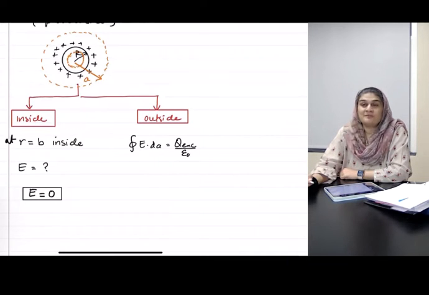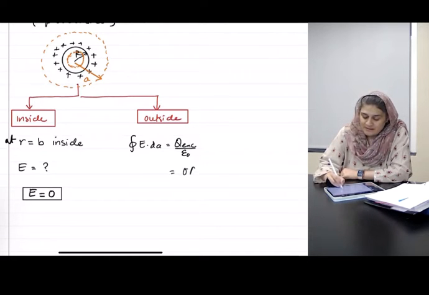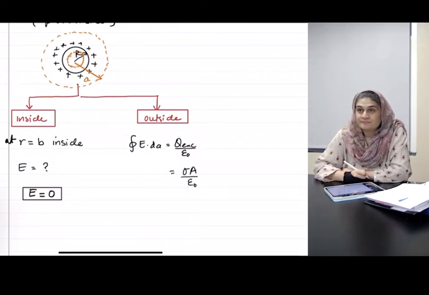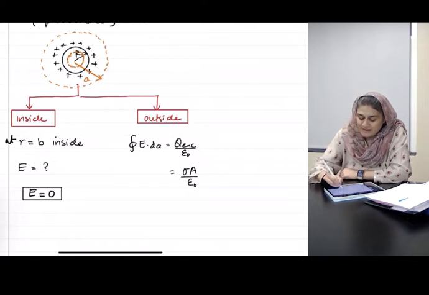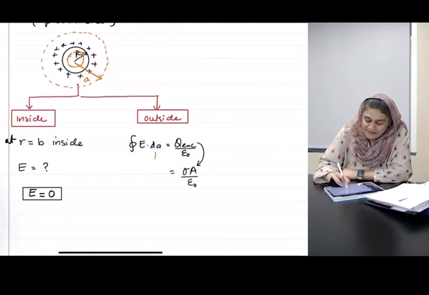So I should be using my spherical charge density. So my Q will become sigma A divided by epsilon naught. Agreed? And this A is the charge that's enclosed. And this A defines my Gaussian surface.